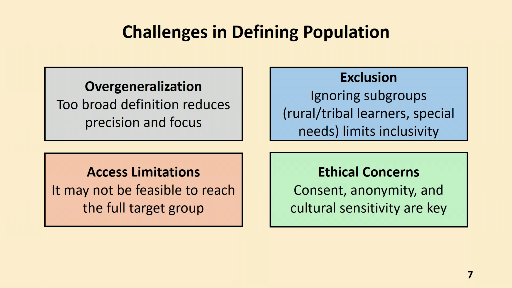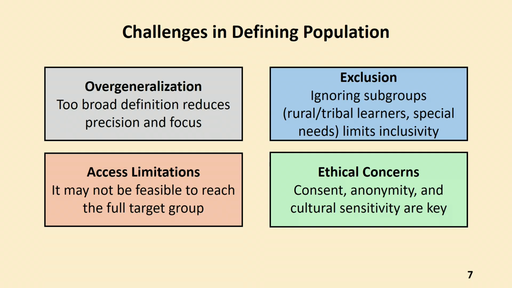Selecting your population and ultimately collecting data from the concerned sample is an important aspect, and it has to be taken care of carefully. There are some major challenges that you can see on the screen that a researcher tends to face while selecting a sample and defining the population.